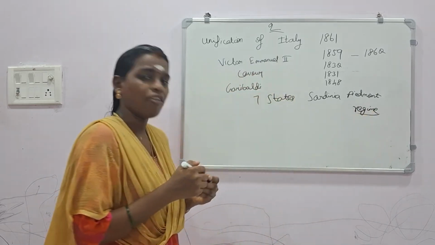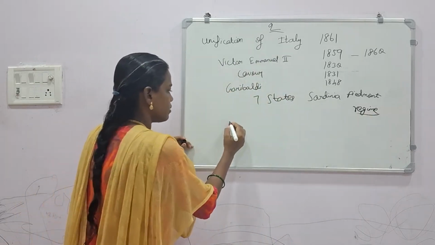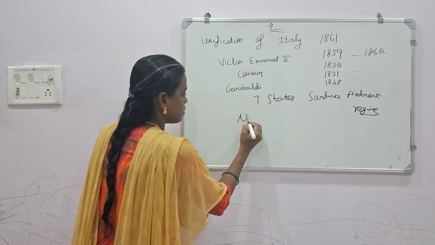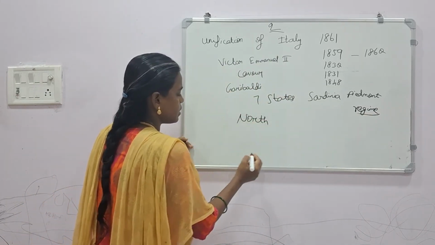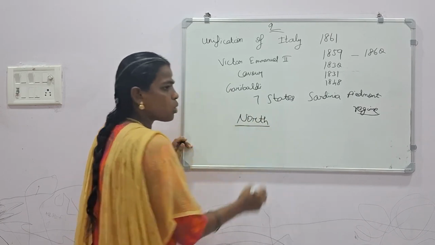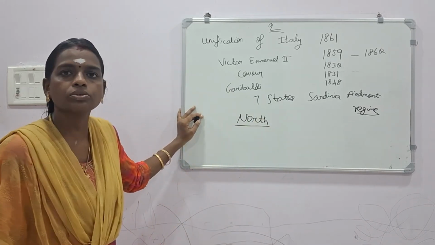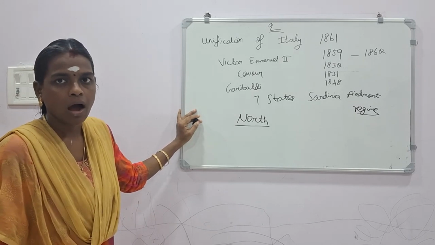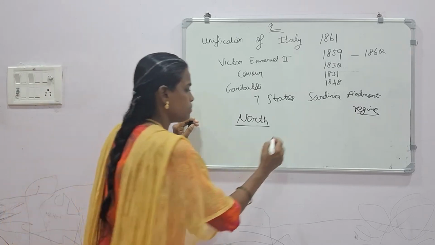Regime means different kind of rule. For example, first one, North. North was under the control of Austrian Habsburg.